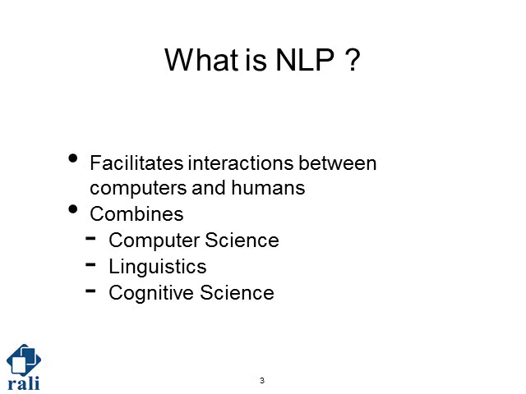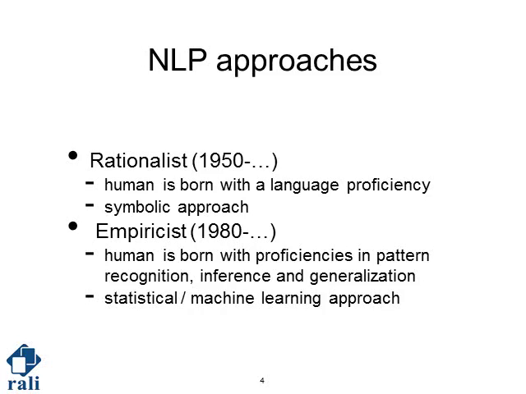To simplify roughly, because it is very hard, there are two main NLP approaches. What we can call the rationalist approach means that we try to model the language process through some kind of symbol manipulation.